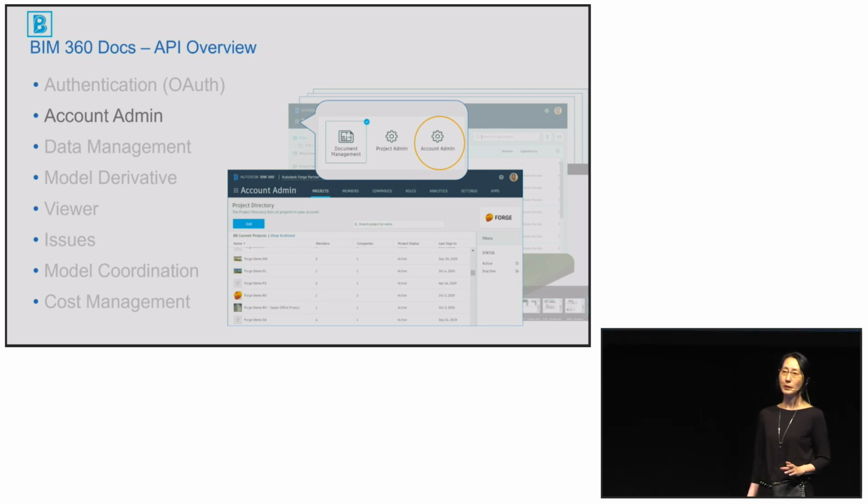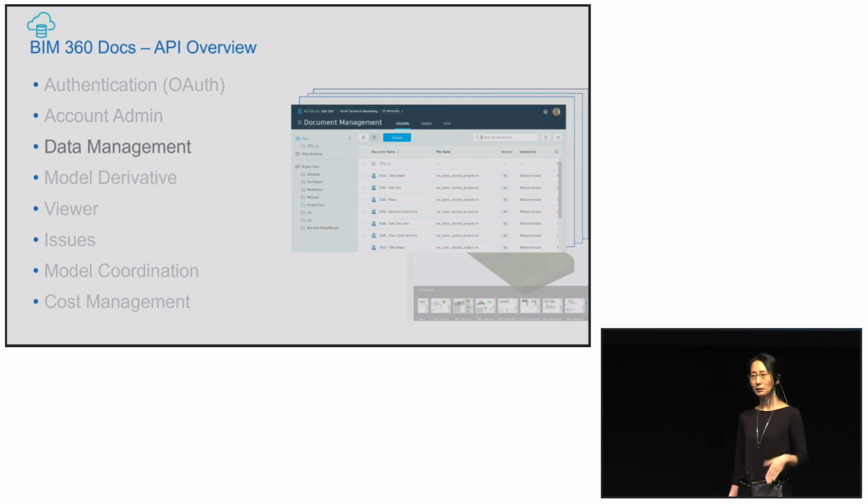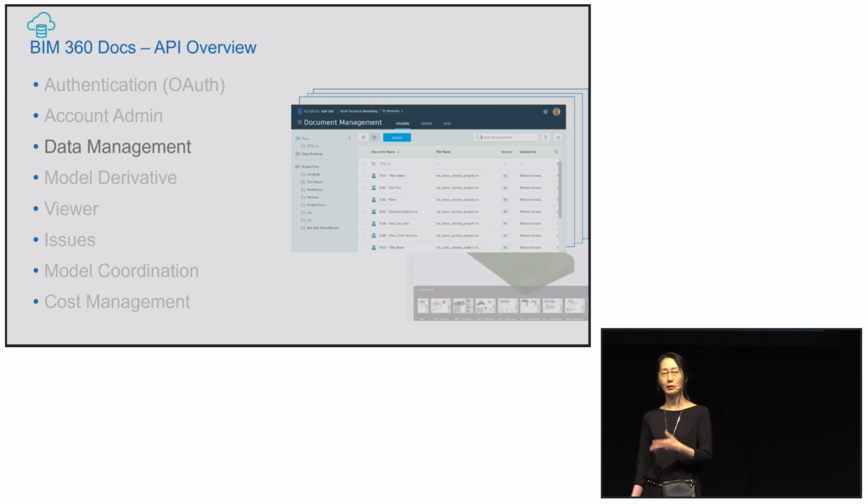And data management is all about files. You can upload a file, download a file, and if you are starting from the account, you can navigate to the project, and further to the folders, and then to the files.